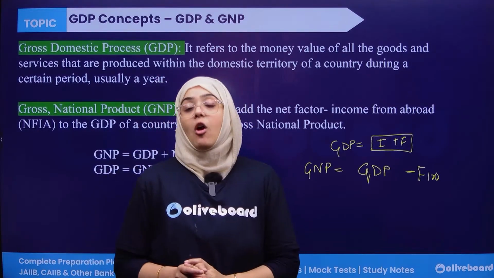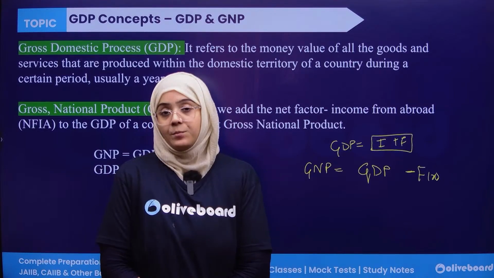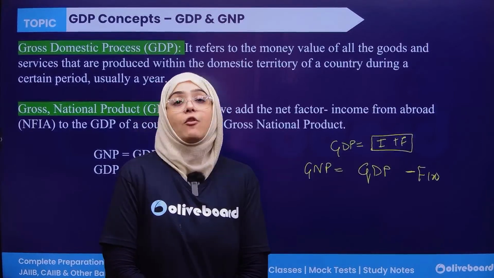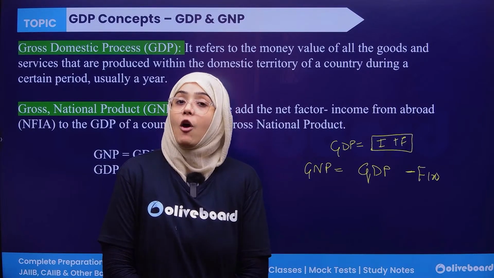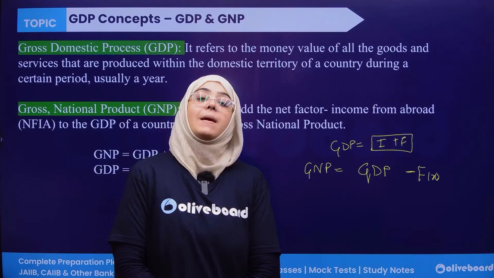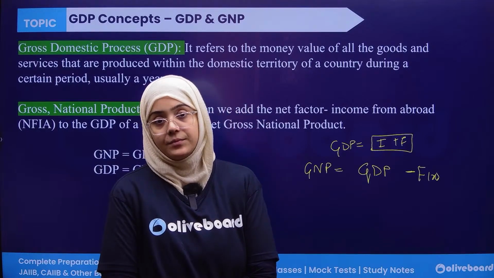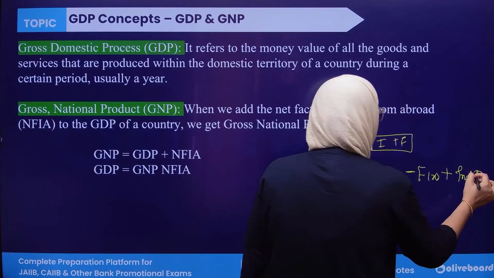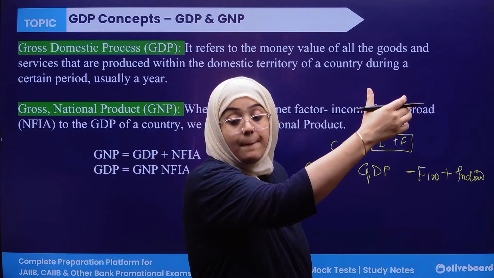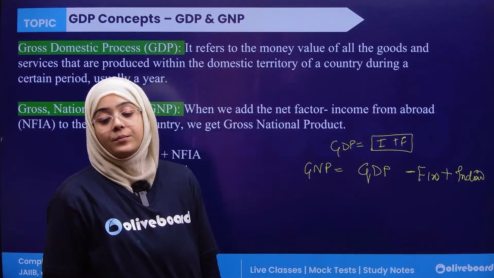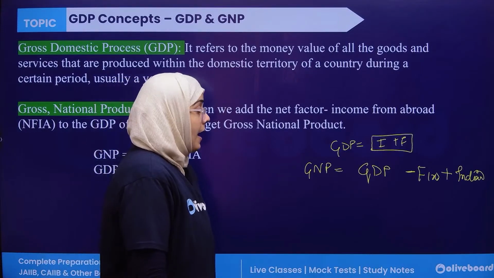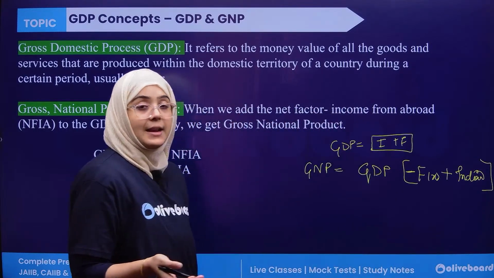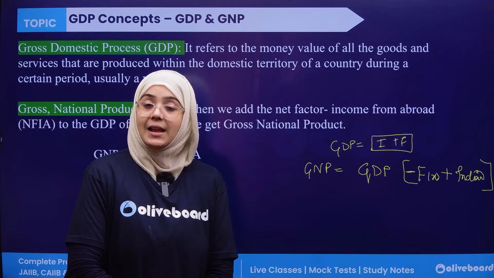So, from this GDP, I have to subtract the income of the foreigners which are earning in India but remitting outside India, and we have to add the income of Indians which are actually earning outside India but they are remitting to India.